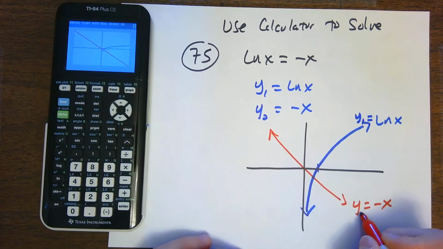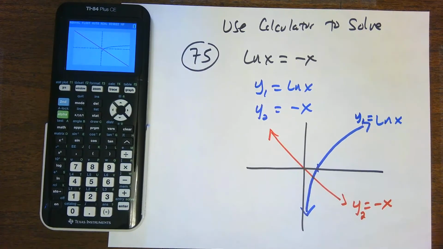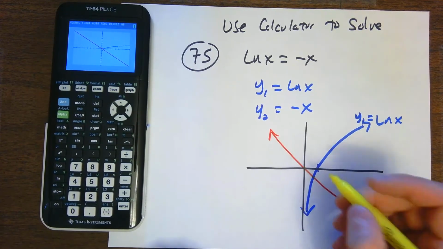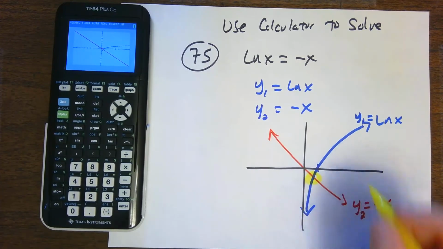And clearly, I can see that there is one point of intersection. These intersect in one. There's going to be one solution right there.